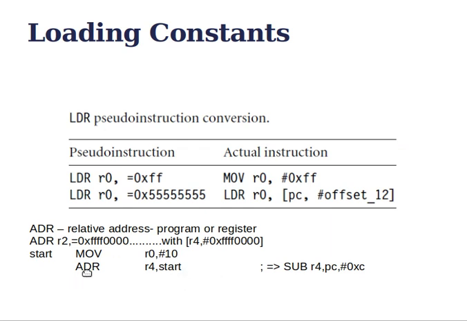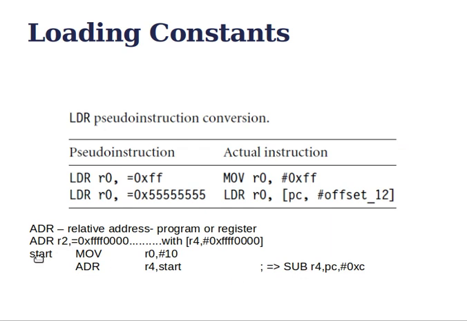This particular instruction is called a pseudo instruction, and hence during assembly it is converted to a subtract. Either it can be an add instruction or a subtract instruction. Since the label is placed before the ADR instruction, it's a backward reference, not a forward one, so we have a subtract instruction.